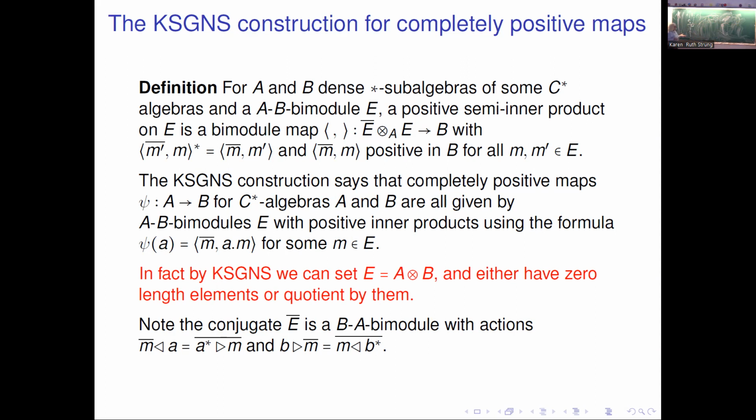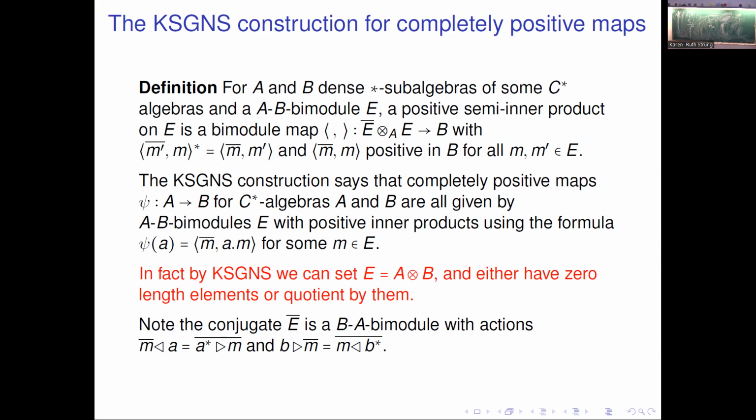So the idea is that, well, certainly if I have a star algebra map between C star algebras, it preserves positivity. By definition, on a C star algebra, positive elements are of the form A star A. And if I apply a star algebra map to that, I get something of the same form.